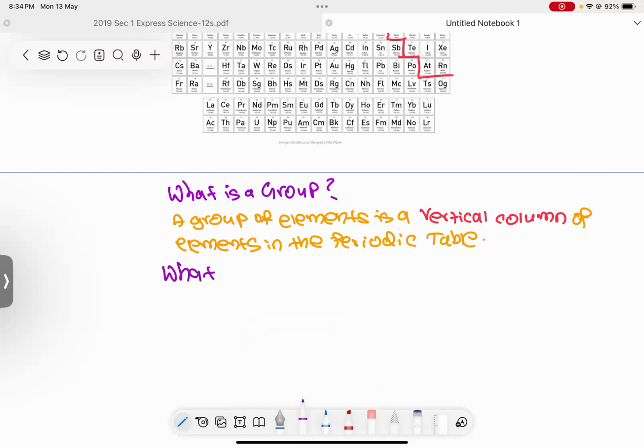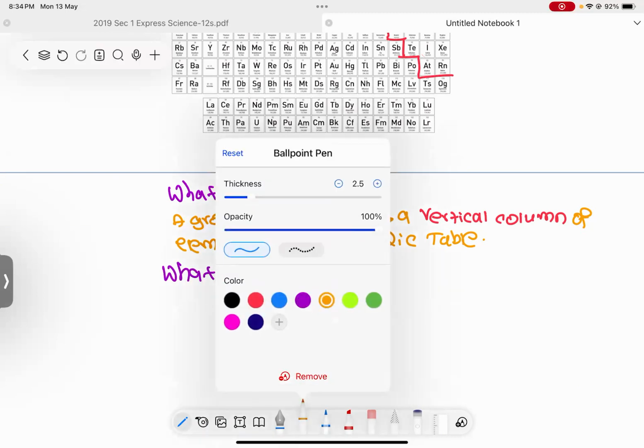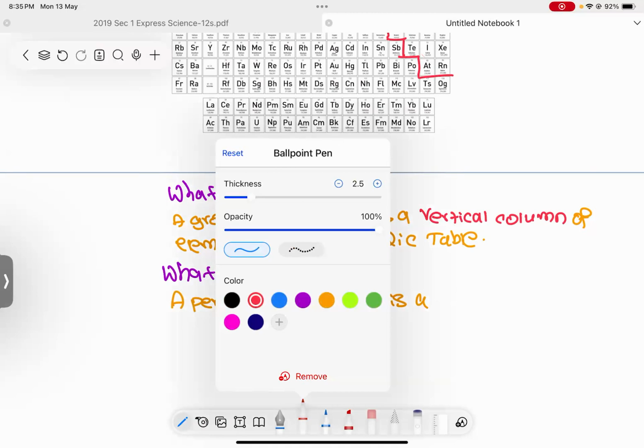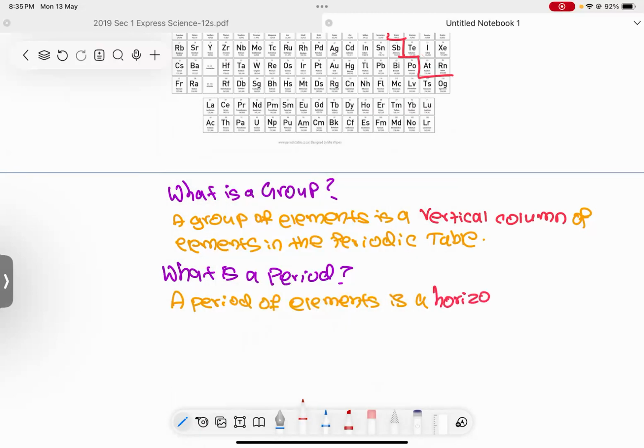Next, what is a period? A period of elements is a horizontal row of elements in the periodic table.